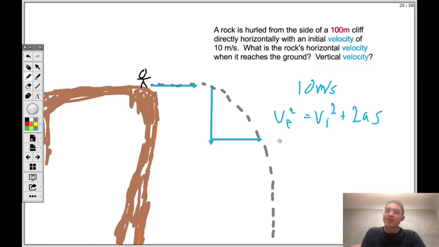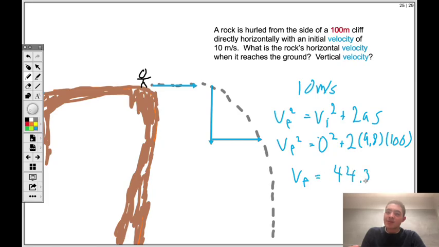If we sub in the values, we will get 0 squared plus 2 times 9.8 times 100, which will eventually give us a velocity of 44.3 meters per second.